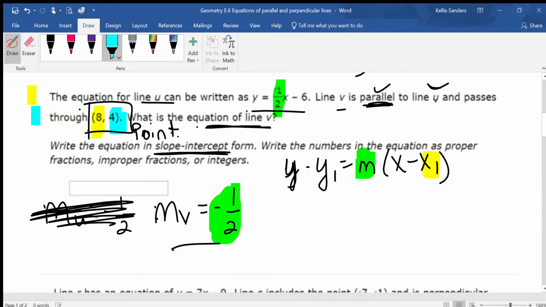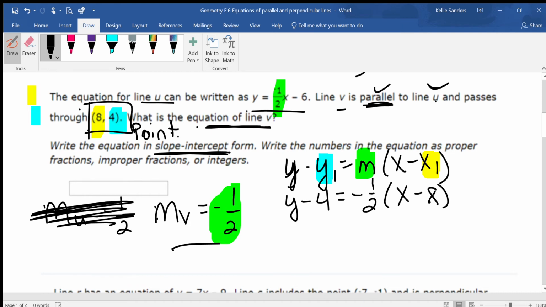And that's our first y. So y minus y1, we did this in E4, I believe. So y minus 4, because we take the opposite, equals negative 1 over 2, keep the x, then minus 8.